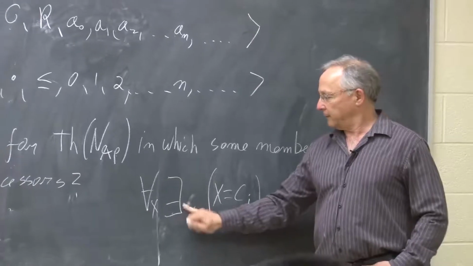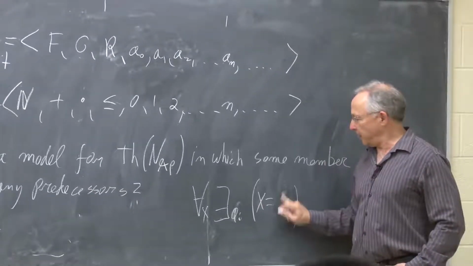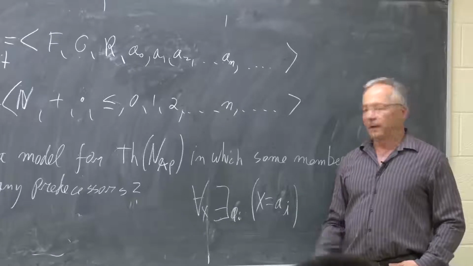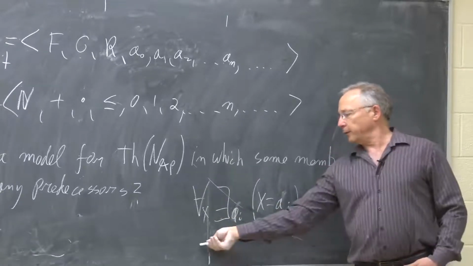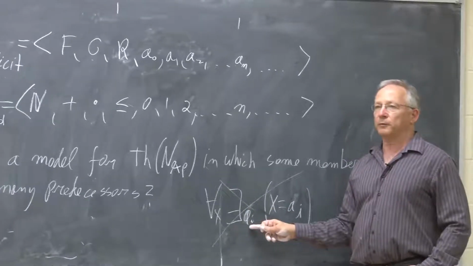I called it ai. For every x, there exists an ai such that x equals ai. This is not a well-formed formula because I quantify not over a variable.